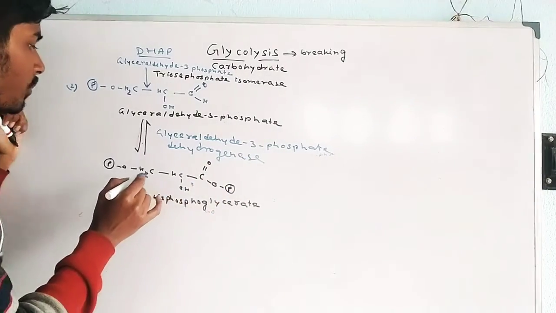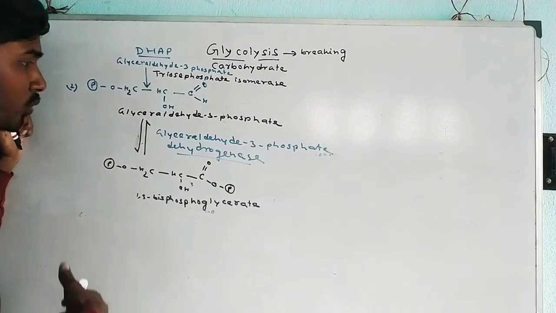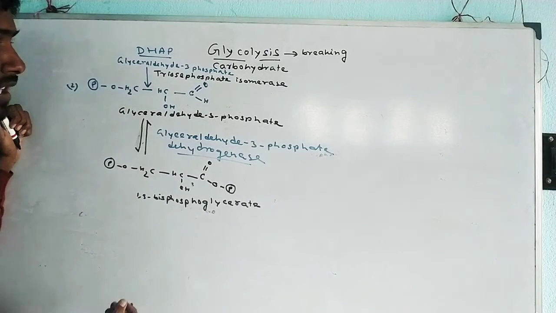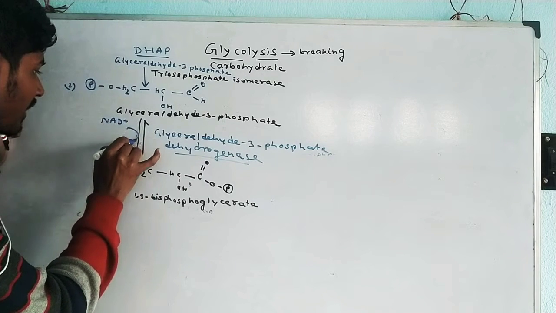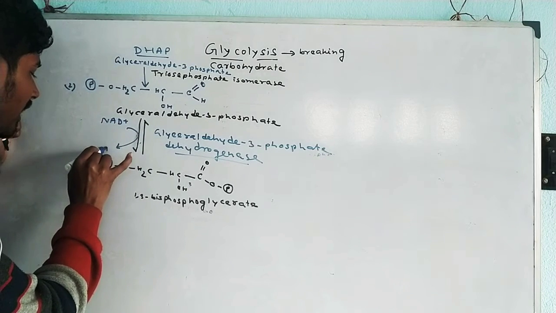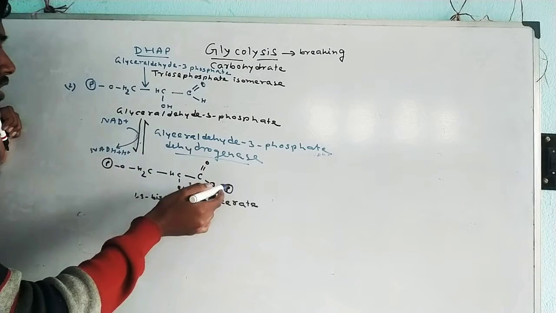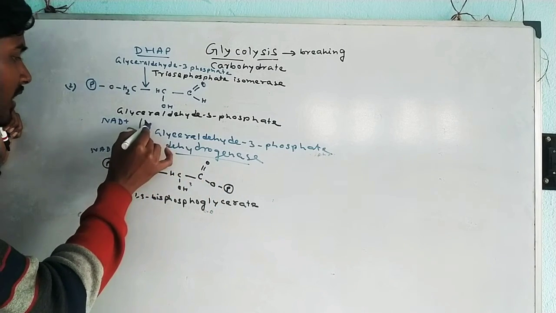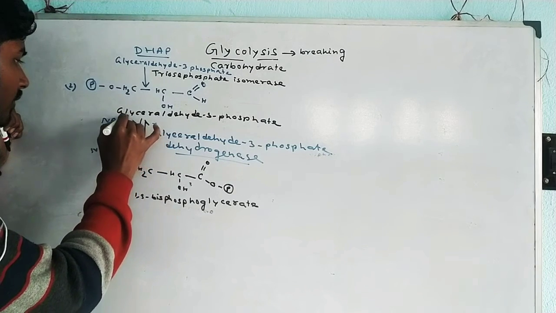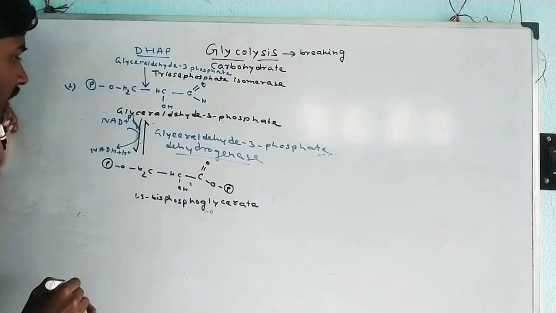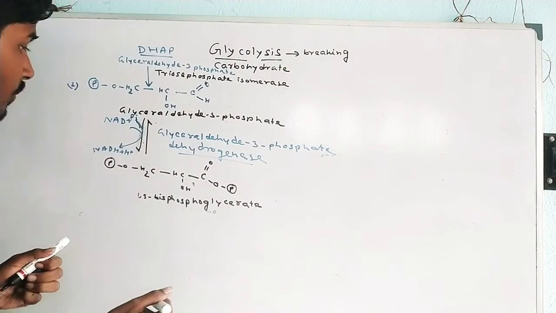One more important point is that whenever there is a dehydrogenase, it means it is removing the hydrogens from the substrate, and here the hydrogens are accepted by NAD plus, forming NADH, and the extra phosphate that is coming into the molecule is inorganic phosphate.